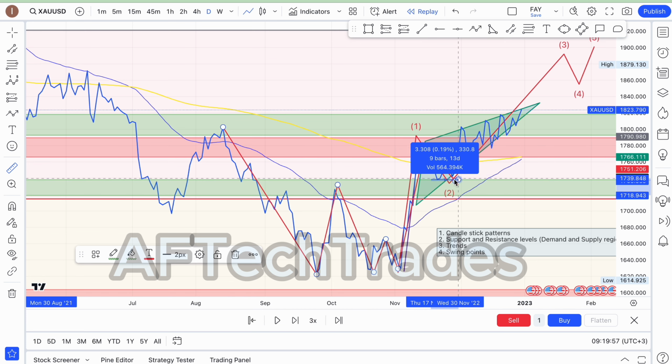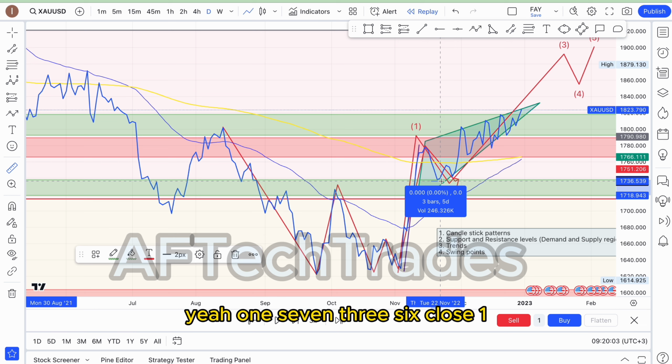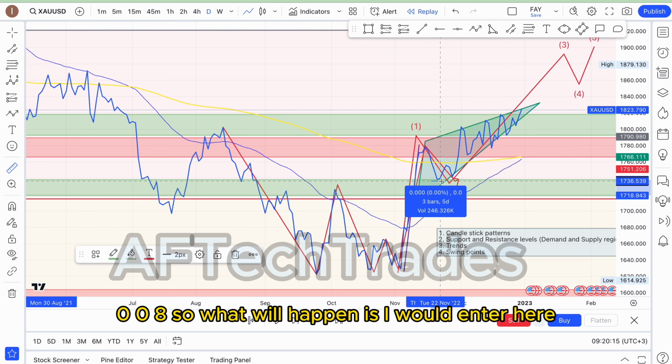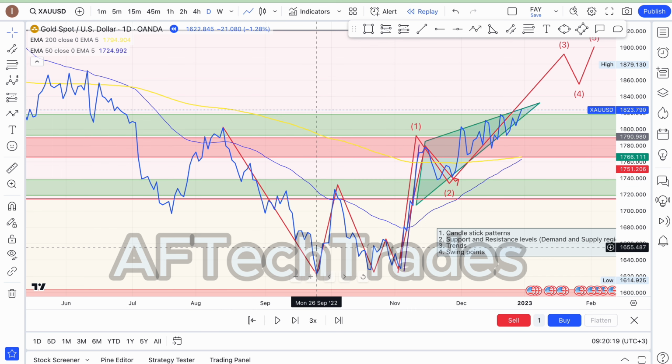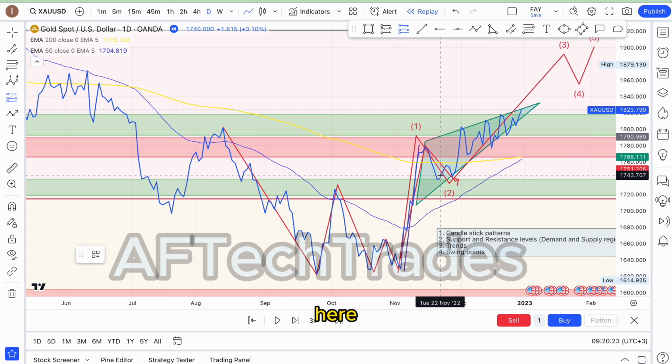1736 plus 272, so the market is going to 2008. So what will happen is I would enter a buy here.